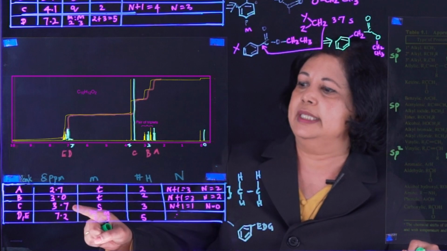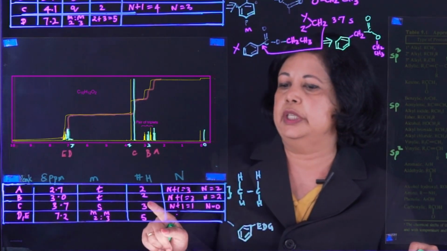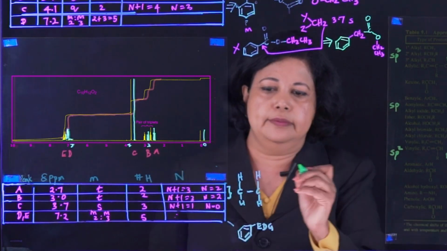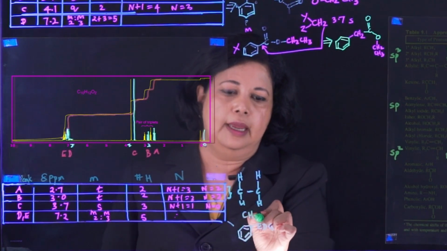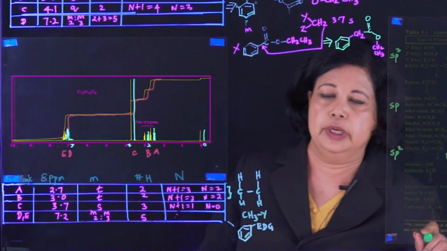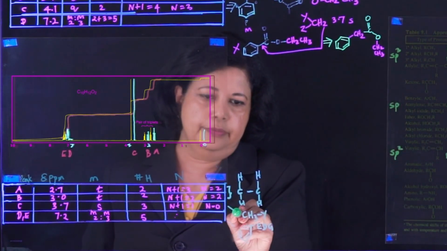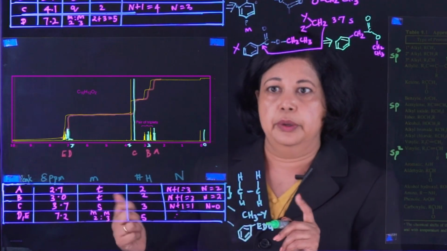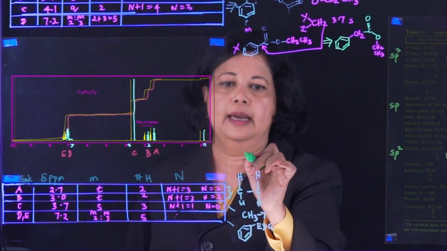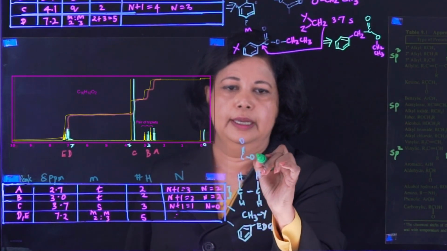So here 3.7 is kind of de-shielded. We have 3 hydrogens with no neighbors. So we have a CH3 and there are no neighboring hydrogens. So we have kind of figured out all of the parts. And we know that it's an ester, so we have to have a COO group.